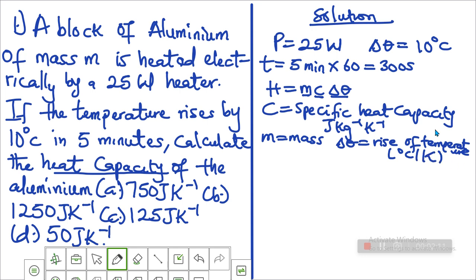If your temperature is in Kelvin, leave it like that; if it is in degrees C, just leave it like that. Unlike in gas law where we need to convert to Kelvin, here just leave it the way it is.